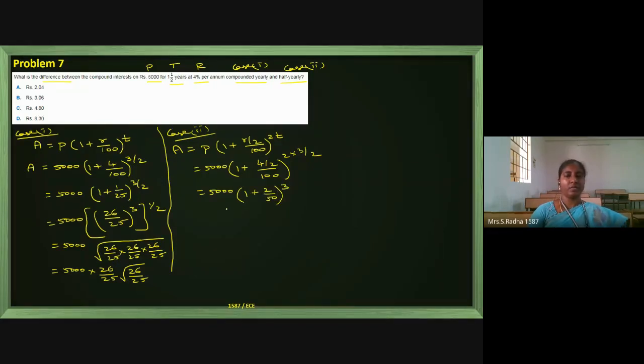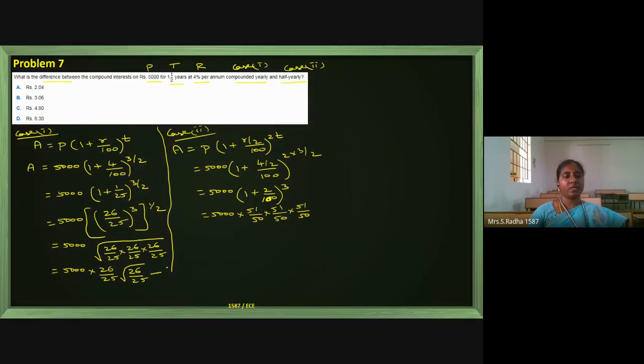Here we have to simplify carefully. 2 by 100 becomes 1 by 50, whole power 3, which can be written as 51 by 50 three times.